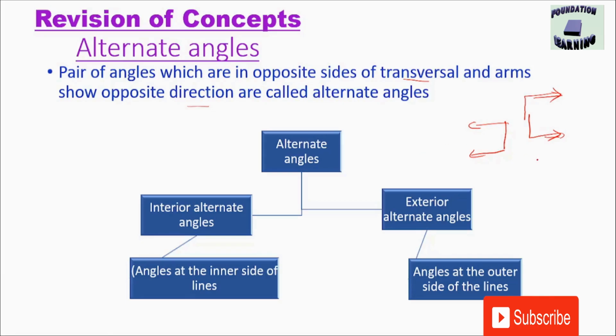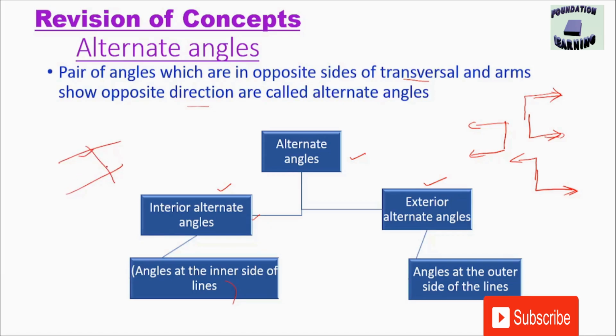But in the case of alternate angles, if one angle is on the left side, the pair of it will be on the other side. So one arm will be on the right, and the other angle of the pair would be on the other side. Alternate angles are of two types: interior alternate angles and exterior alternate angles. Interior alternate angles are angles at the inner side of the parallel lines.